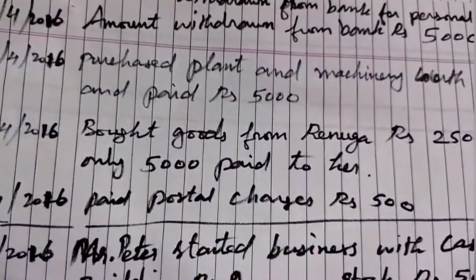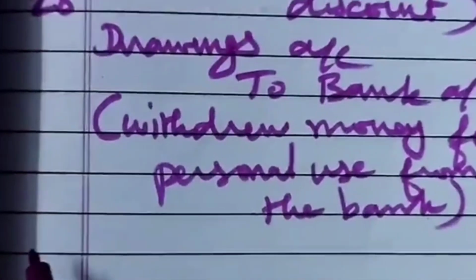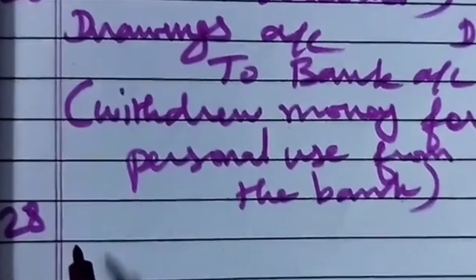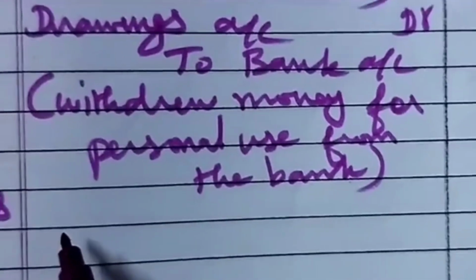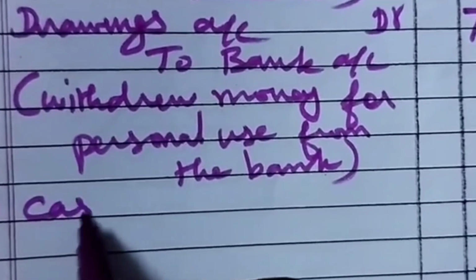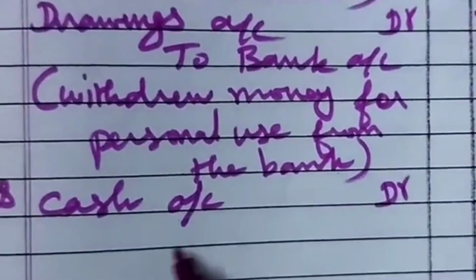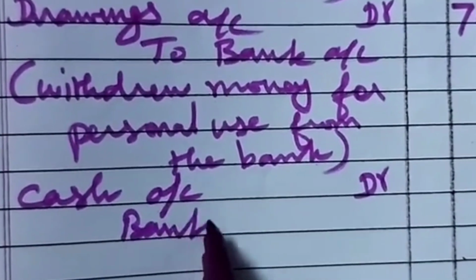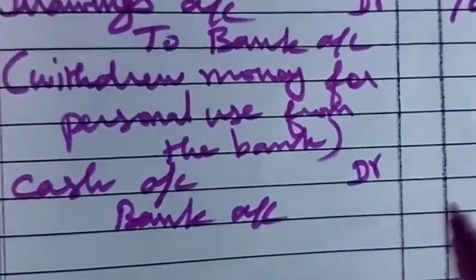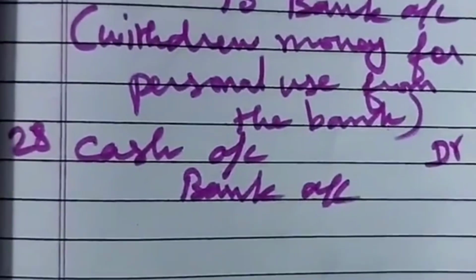What's the date? 28th only. So we have taken the money from the bank. So cash account debtor, because we are receiving the cash, and banker is the giver. So bank account credit. Okay. Then narration.